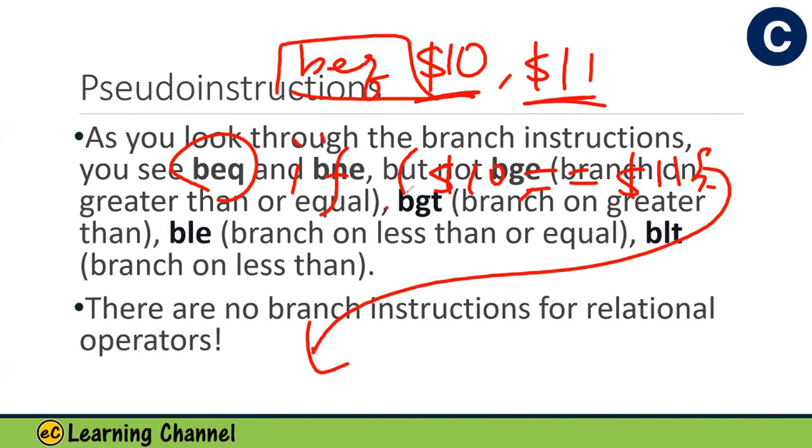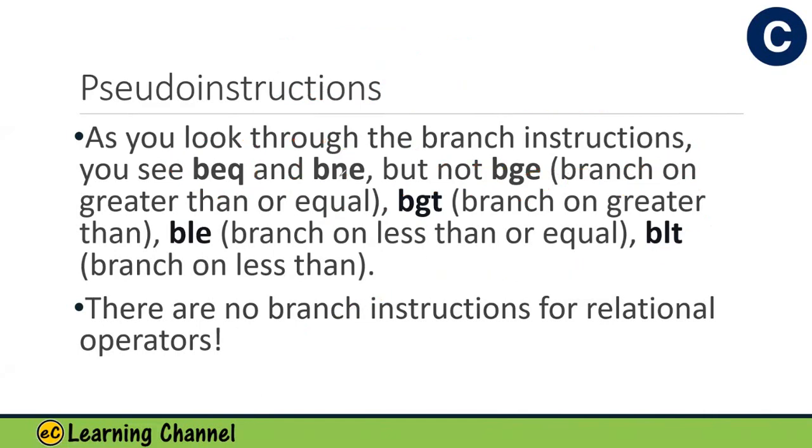And you also have branch greater than, branch less than. Before we compare the data, you have to prepare your registers to be compared, so that we know whether it is equal or not equal.